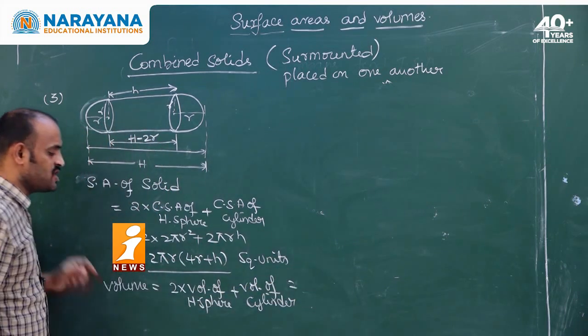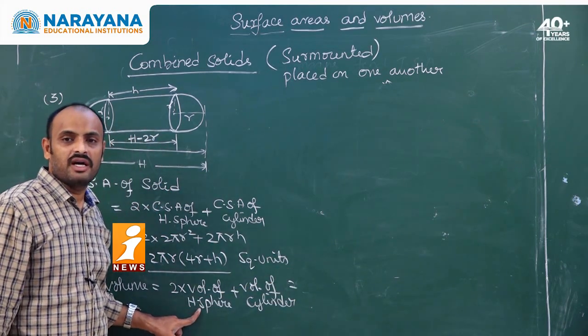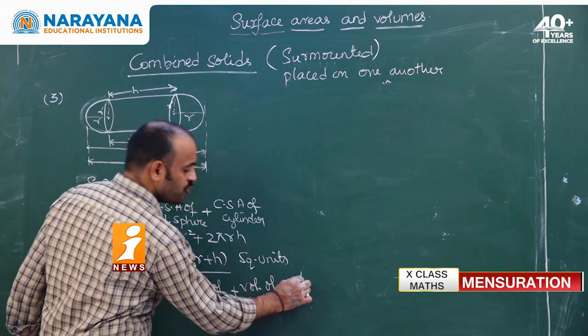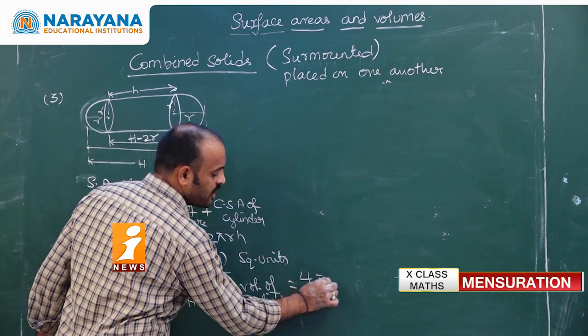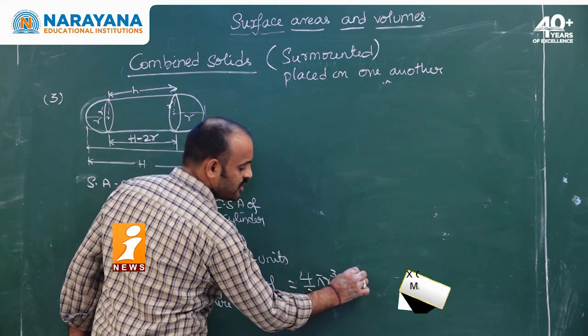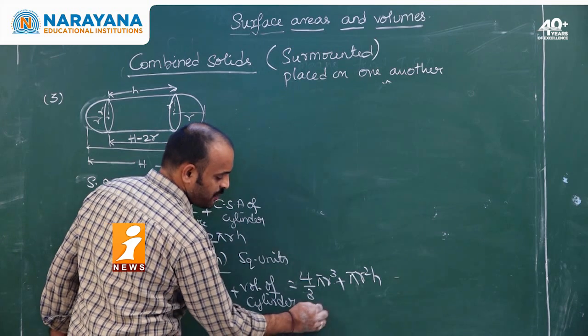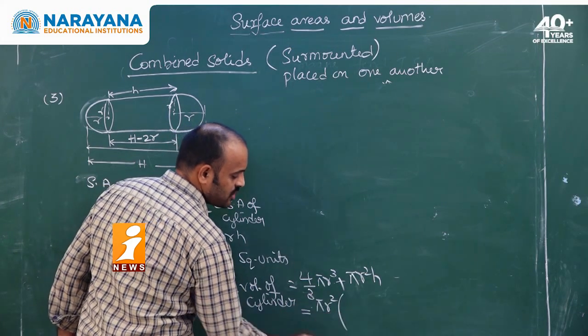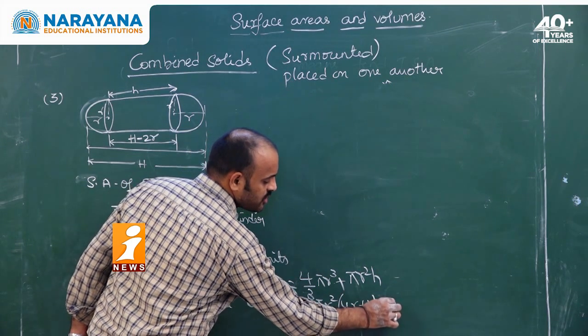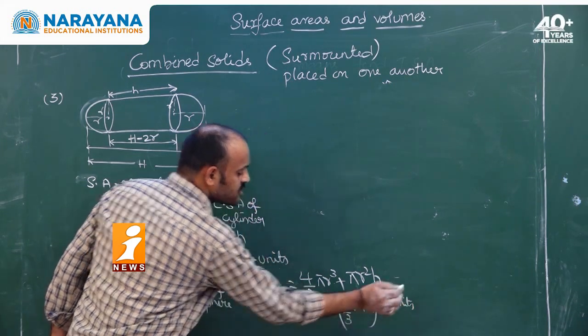What is the volume of the hemisphere? 2 by 3 pi r cube. 2 by 3 pi r cube into 2, so 4 by 3 pi r cube. What is the volume of the cylinder? Pi r square h. Taking pi r square common, (4 by 3 r plus h) cubic units.